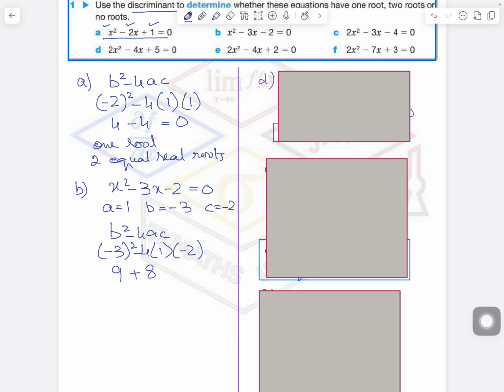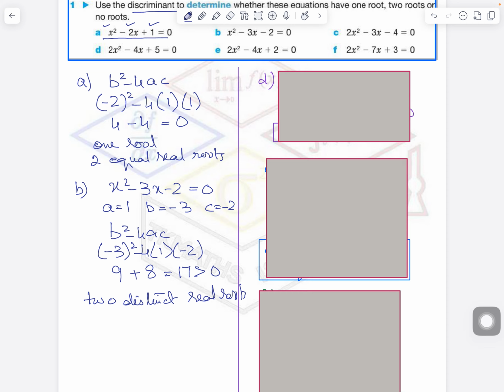So the answer is 17, and 17 is greater than 0. It's a positive discriminant. So you will say two distinct real roots. So you have to tell the nature of the roots.